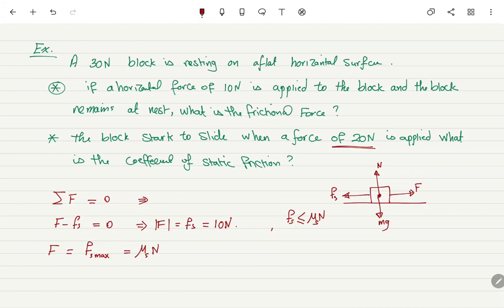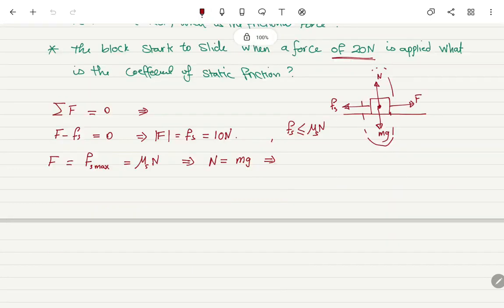So Fs in this case is equal to mu s n. From the y equation, the sum of all forces on y, n is equal to mg, so mu s equals F divided by n, or 20 divided by 30.